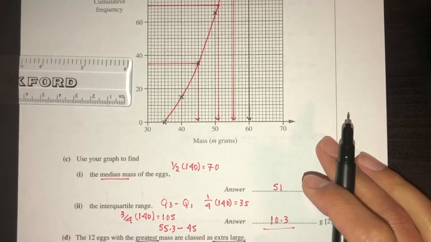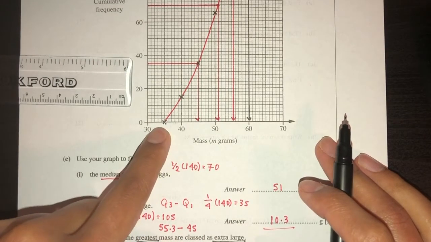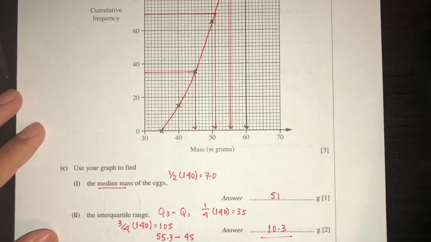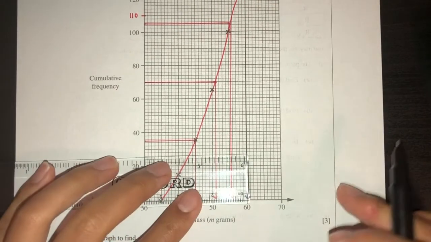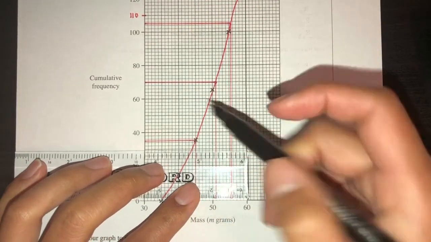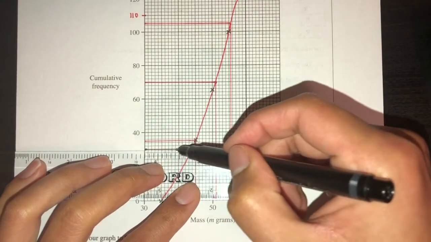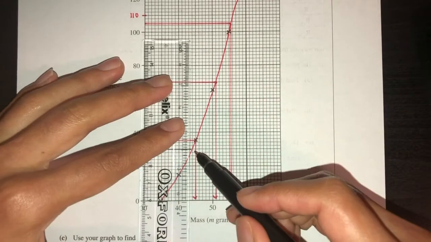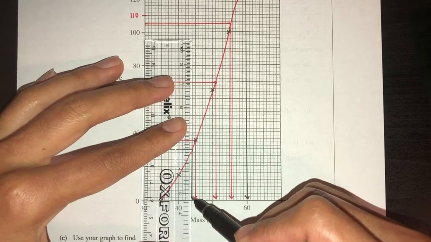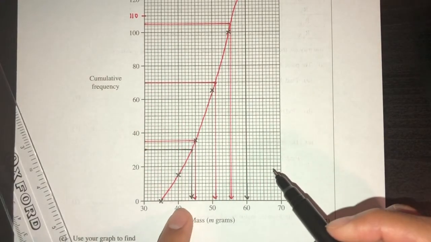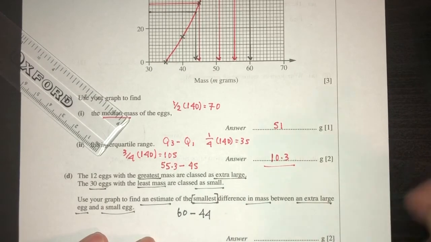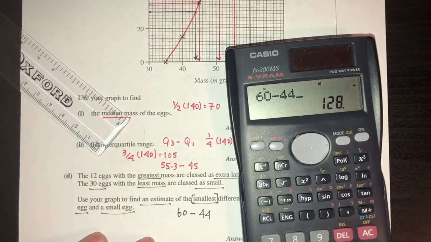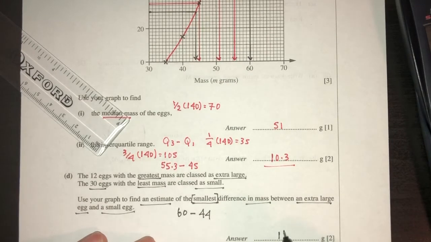For small, it says 30 eggs from the least mass, so from the beginning. So count 30, should be about here. Okay, to find this value, this is 44, right? So 60 minus 44, that will be what? 16 grams by my estimate.